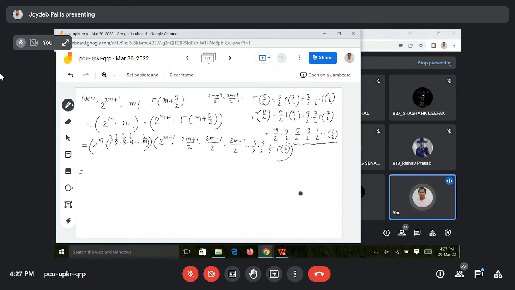You can think of each place as a box. There are m boxes, and in those m boxes I am distributing 2. So ultimately it will be 2 into 4 into 6 up to 2m for this part. Isn't it?